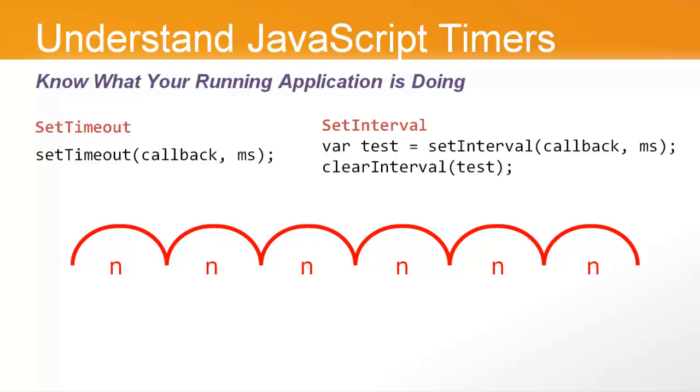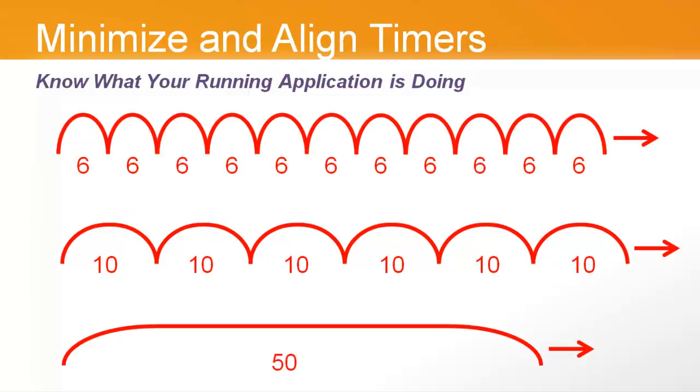You want to understand the way JavaScript timers work. Especially you want to make sure that you can minimize and align those timers. Here we have three different timers, or three different threads running. We have one every 6 milliseconds, then we have one every 10 milliseconds, and then we have one every 50 milliseconds. If you want to try to align those timers, make sure that when the clock hits, you will be able to execute several timers at once.